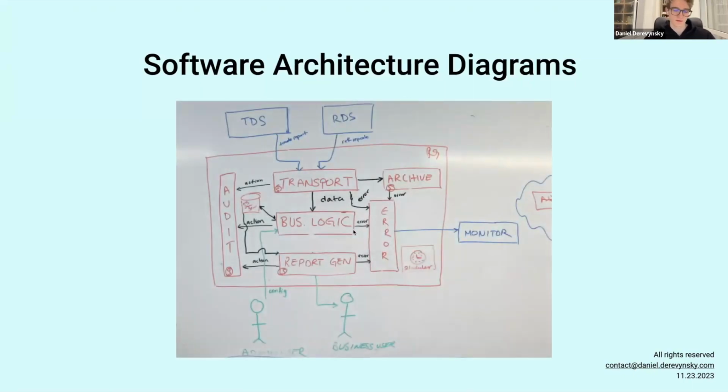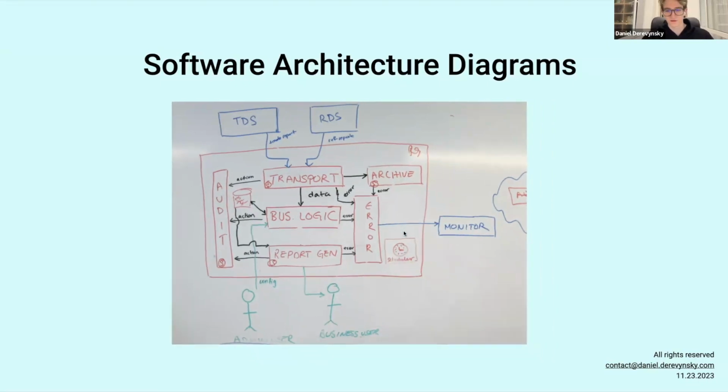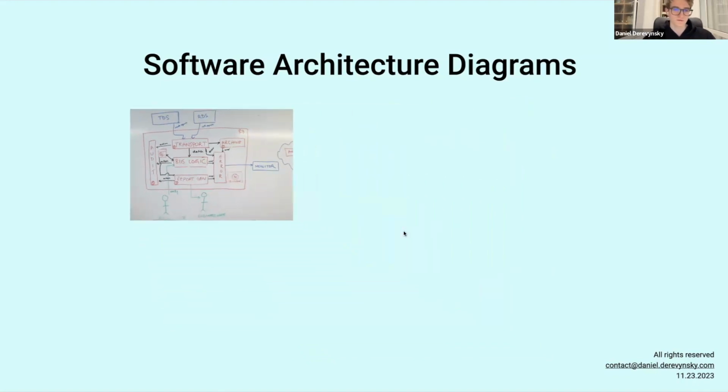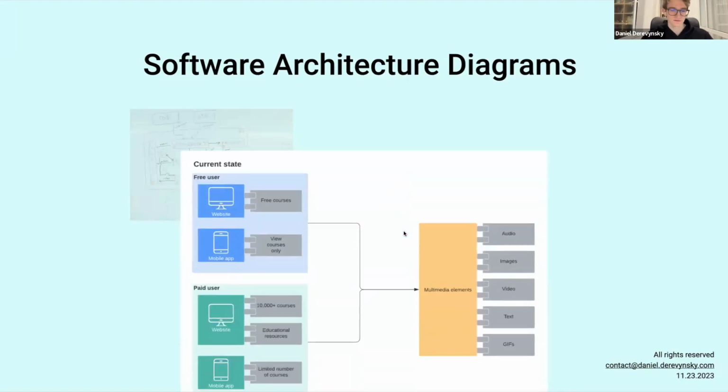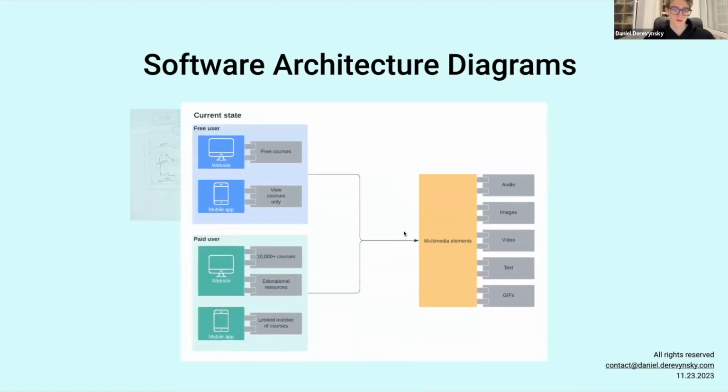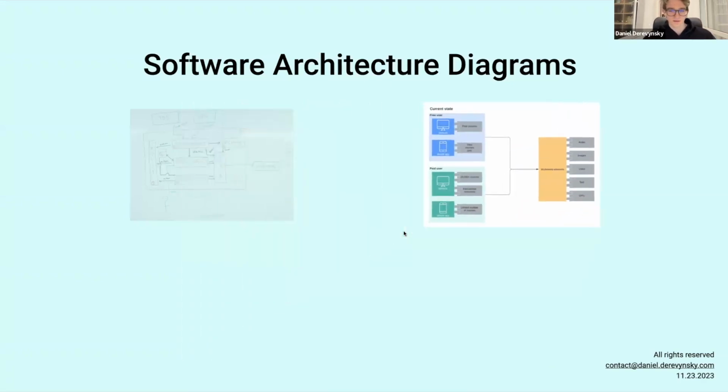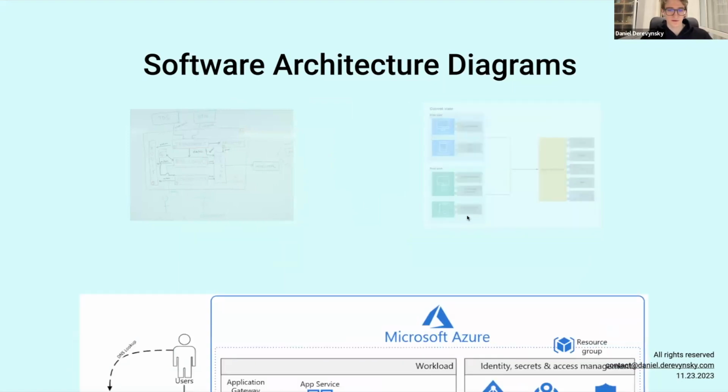There are many kinds and forms of software architecture diagrams. They can be drawn by hand, they can be assembled from stones, they can be drawn in fancy software. Really anything that allows you to visualize that information goes. Here we have a hand-drawn example, and here we have a fancy diagram example.